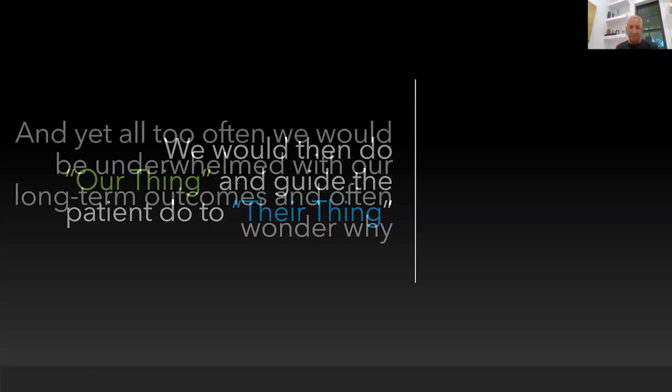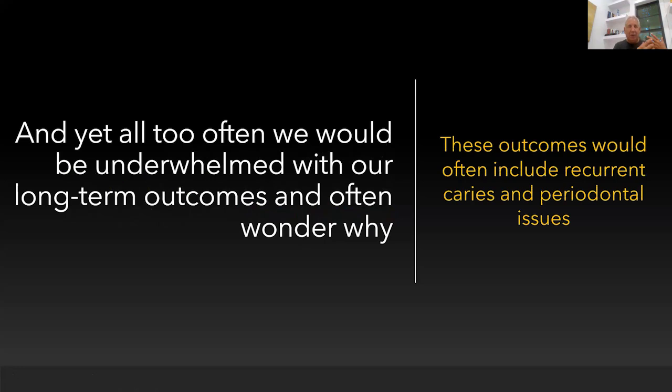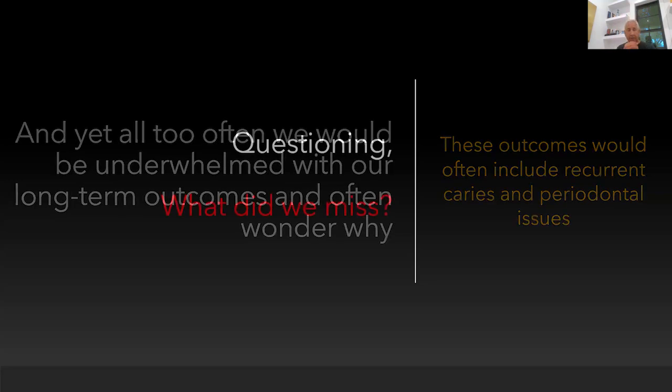That's their thing. And yet, all too often, we would be underwhelmed in year 5, in year 7, in year 10 with the results and wonder why we were having these issues of recurrent caries or periodontal issues, whether around implants or our restorative solutions, our ortho, any of our treatment.